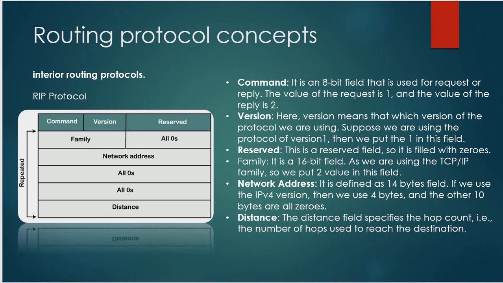So this is the example of the hop count. And apart from this hop count, you can have the time to live also. Time to live is also based on the number of hops, how many routers are passed in the network to reach the destination.